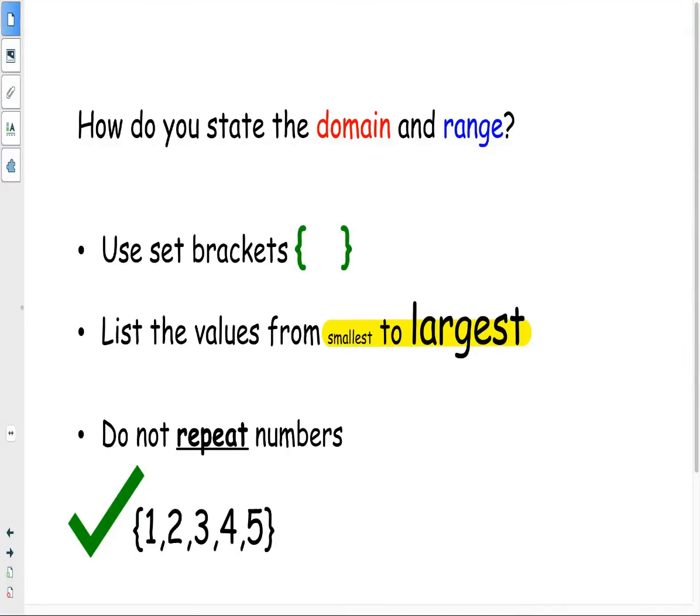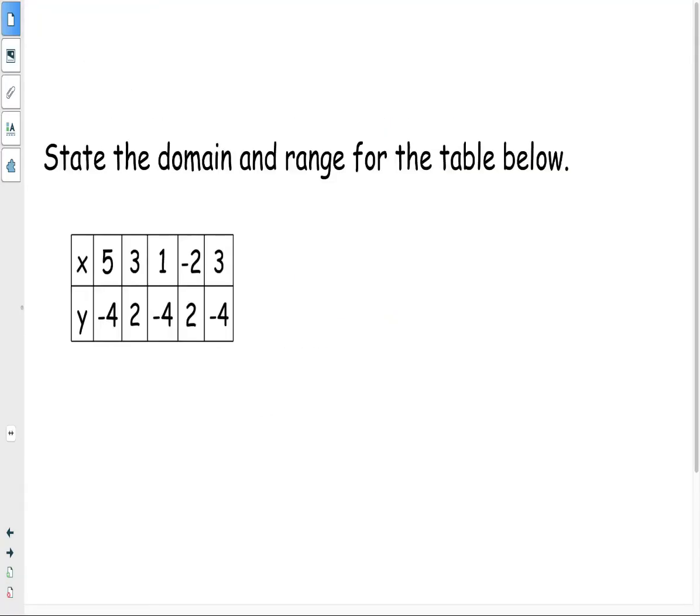So for example, 1, 2, 3, 4, 5 is totally acceptable. But if I had 1, 1, 2, 3, 4, that would not be a correct answer because my ones are repeating. So I want to make sure I do not repeat any values for either my domain or my range.